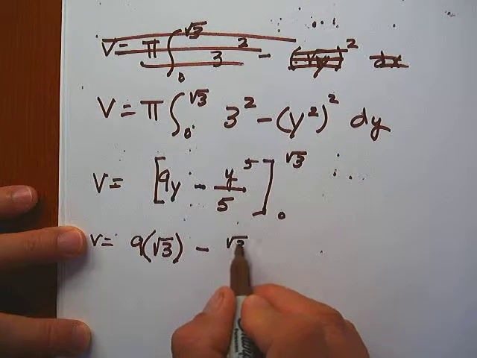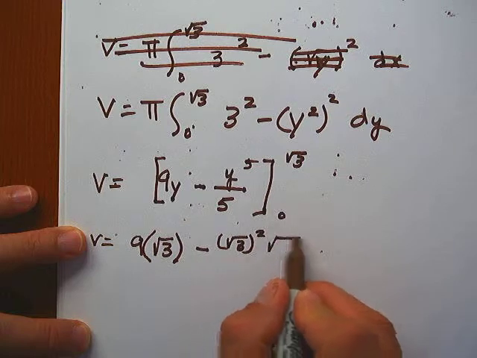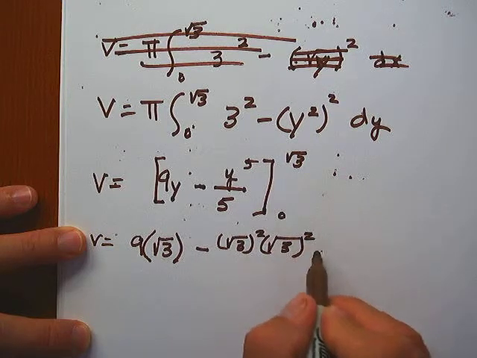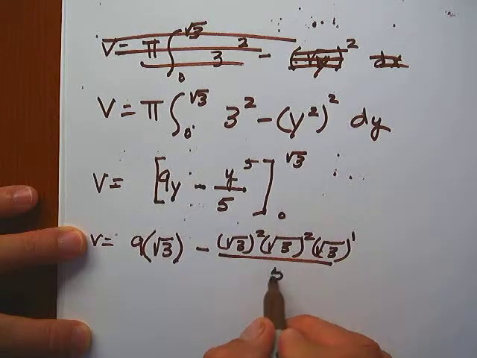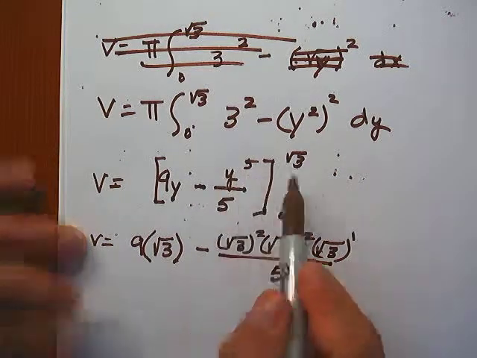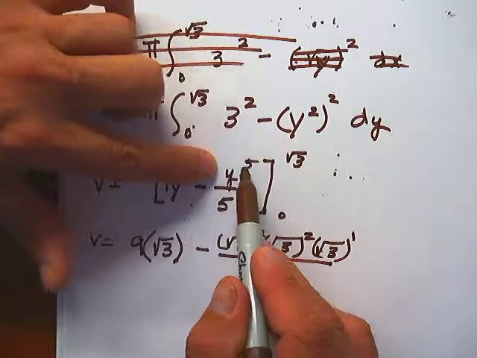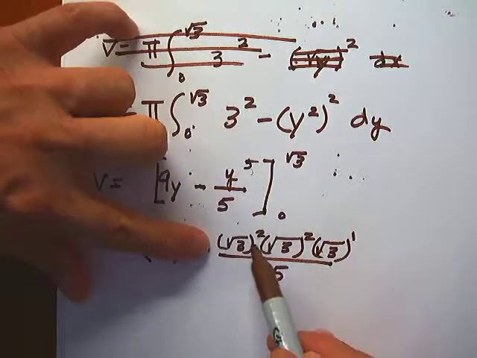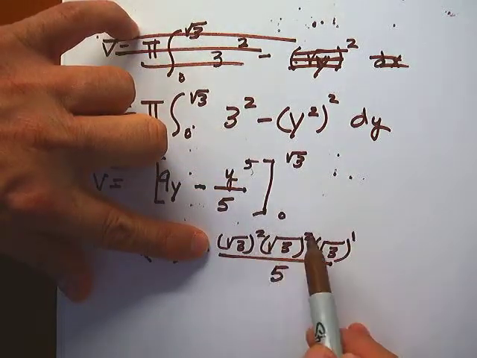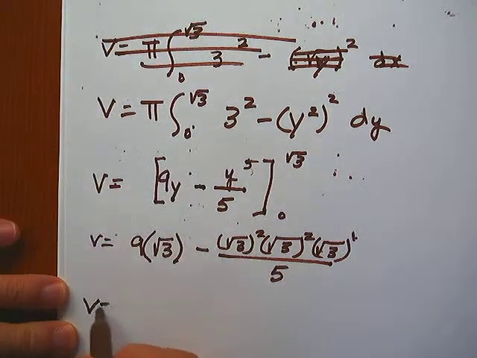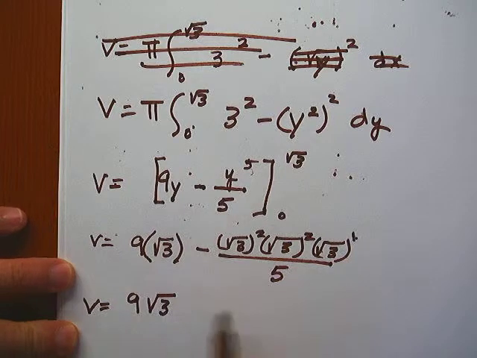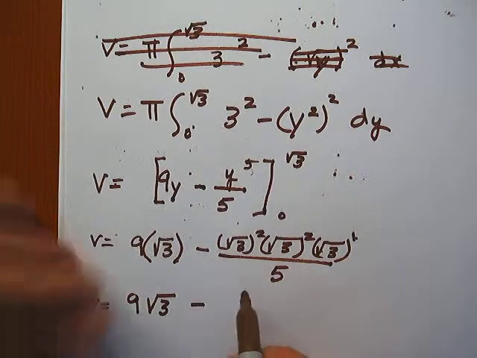That's going to be V is equal to 9 times the square root of 3 minus square root of 3 quantity squared, square root of 3 quantity squared, square root of 3 to the first power. I skipped a step there, but if you plug in square root of 3 to the 5th power, you can break it up into 2, 2, and 1, and you add exponents.